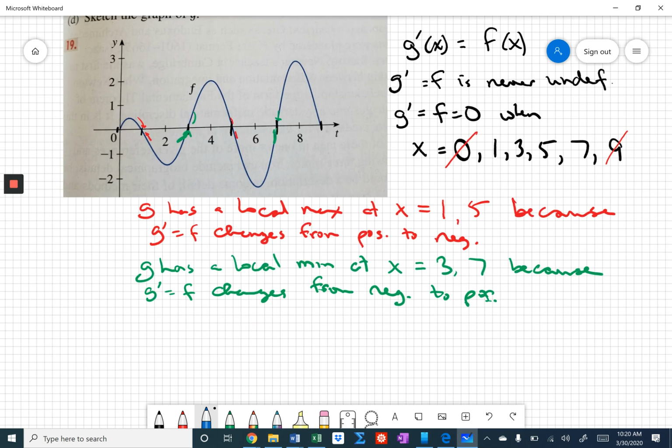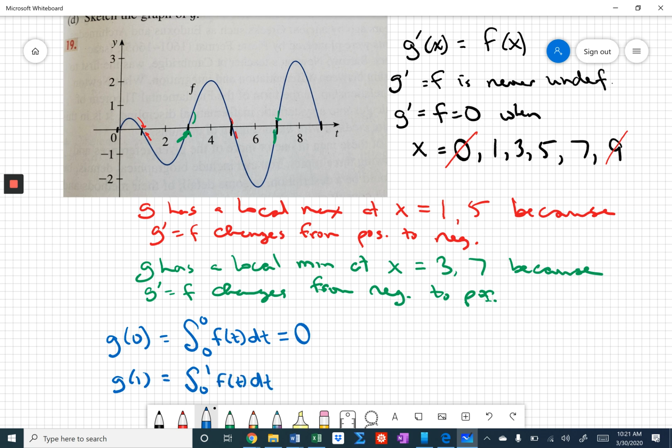So let's just start by noting that g of 0 is the integral from 0 to 0 of f of t dt, and since the upper and lower limits are the same, that's going to be 0. Well, what about g of 1? g of 1 is the integral from 0 to 1 of f of t dt.